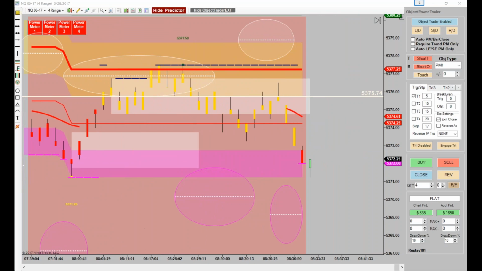Okay, want to see if we can get another one? What do you think? 1, 2, 3, 4, 5, 6. Let's see, that's 1, 2, 3. That would negate the count unless this one goes, no, that one went down, so that would negate the count.